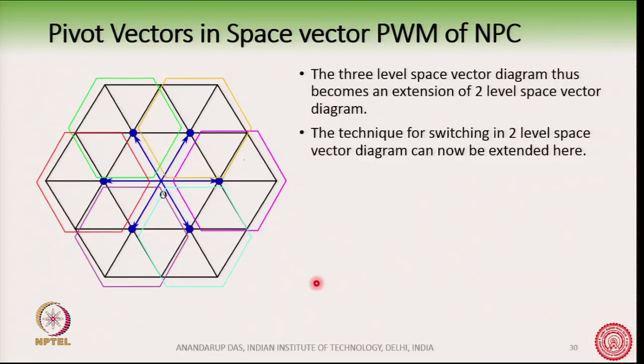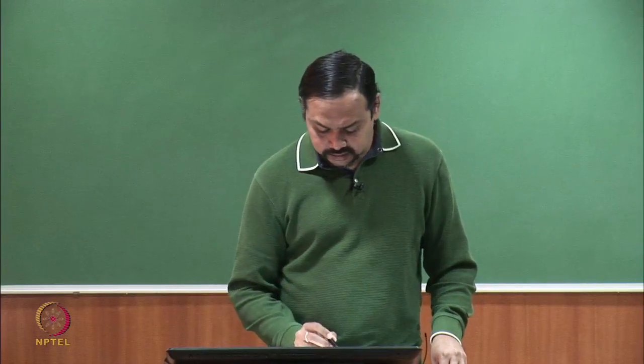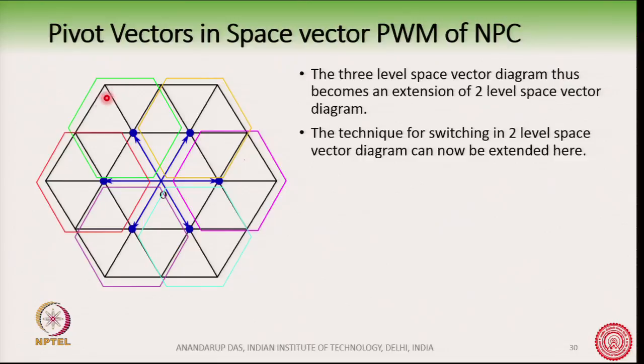So, with the pivot vectors as the center points of these hexagons, I can split the 3-level space vector diagram into 6 smaller 2-level space vector diagrams.